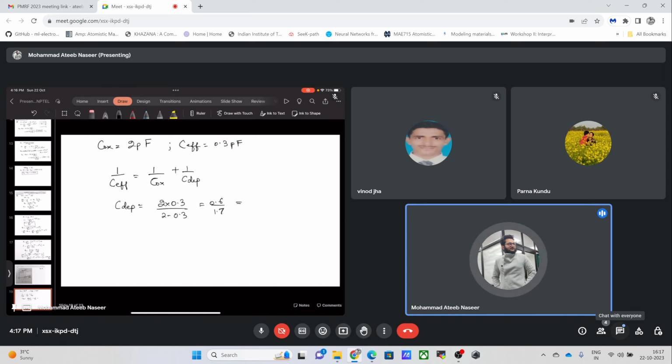So this is the depletion capacitance value, and we know that the depletion capacitance per unit area is simply given by q times epsilon S N A divided by 2 times the surface potential. So for this case, we have to assume this psi s to be equal to phi f, the onset of inversion.